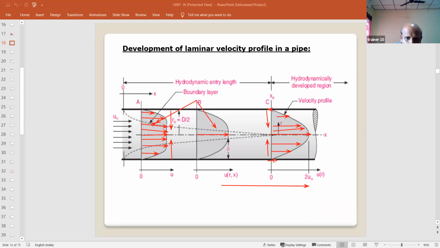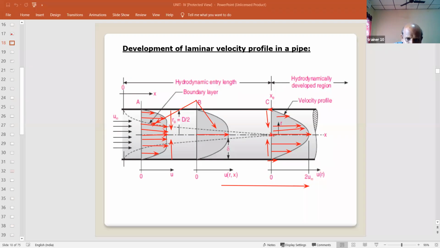The C position is the position at which the boundary layer meets the axis line. The developed velocity profile starts at the point where these two boundary layers, that means these two dashed lines, meet at one point.